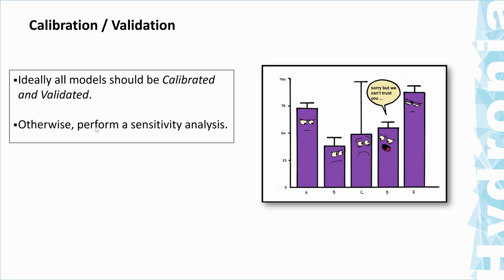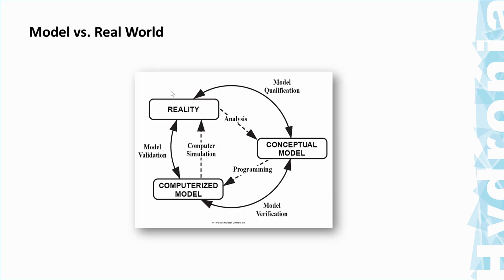You would have a sense of how different the results are by varying that parameter. So that's something you can do if you don't have the data. But if you have the data, it's highly recommended to calibrate and validate the model.